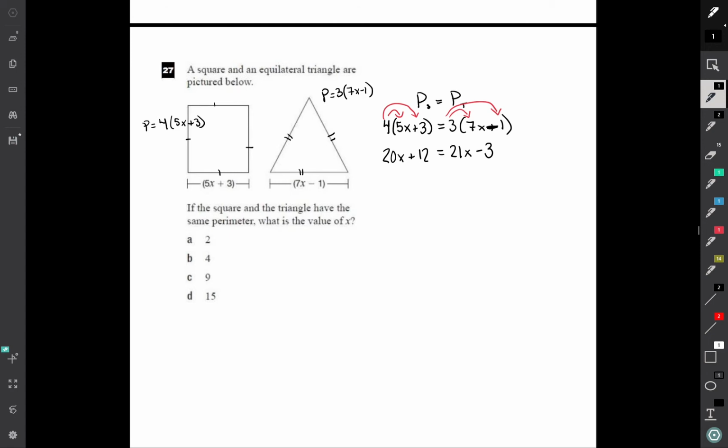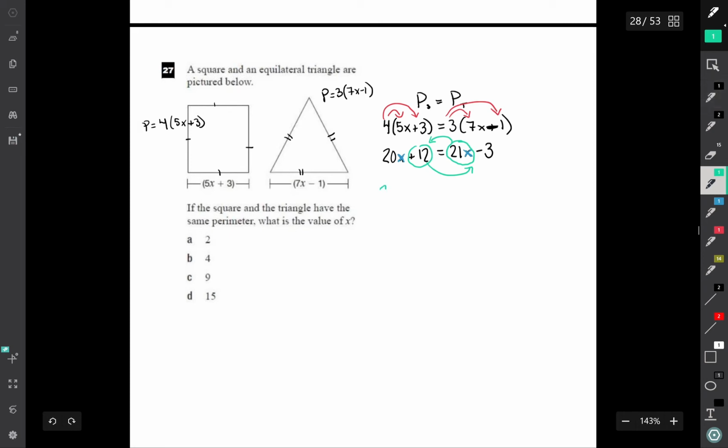Now, I have to get all of my terms that have an x onto the same side, right? Because I got to combine my like terms, and then I got to isolate for my variable. So let's say I decide I'm going to put everything with an x over to the left side. Move that over here, which means I'm going to have to move this 12 over there.